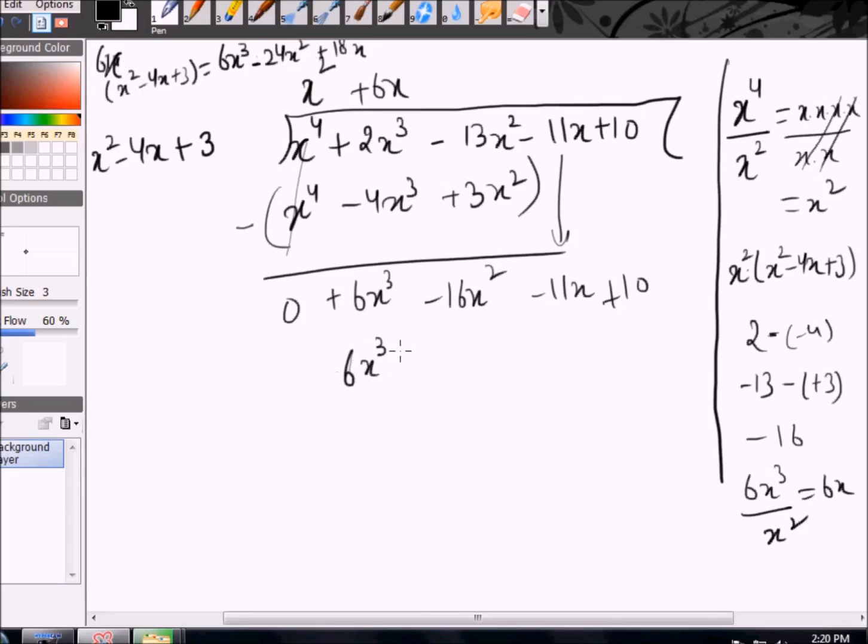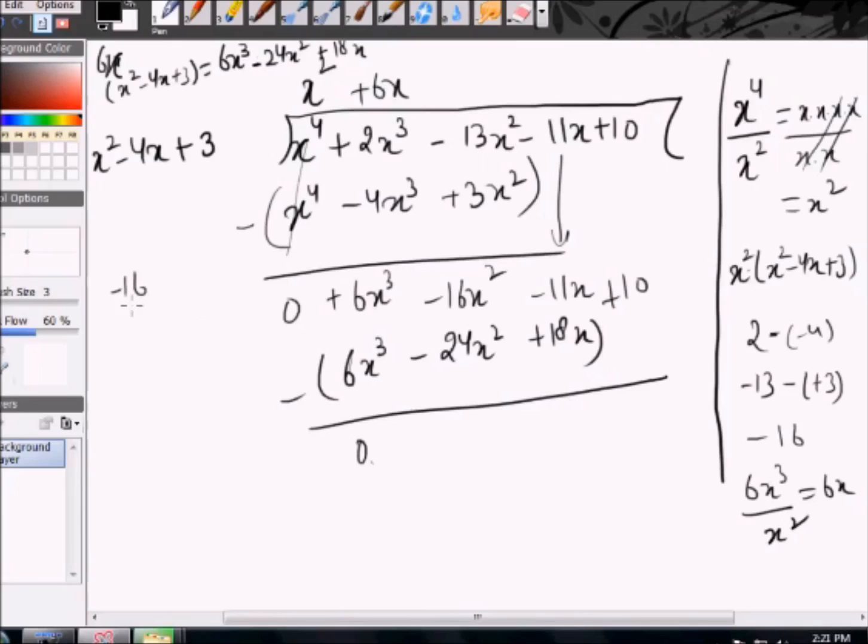On subtracting, we get 6x cube minus 6x cube equal to 0, and minus 16 and plus 24, because minus into minus is plus, we get plus 8x square.